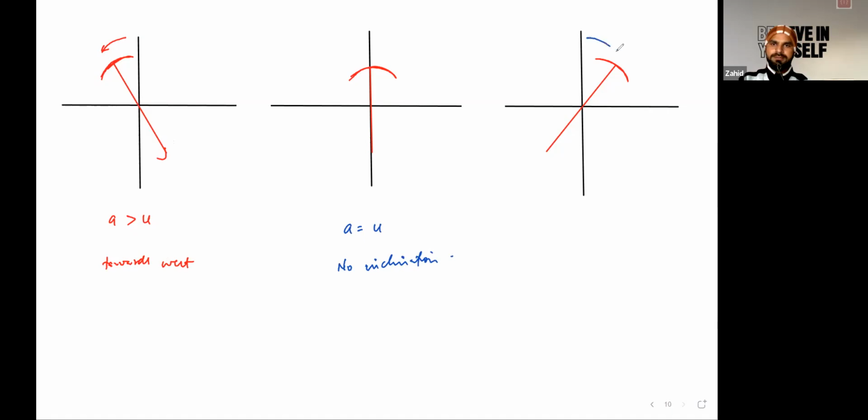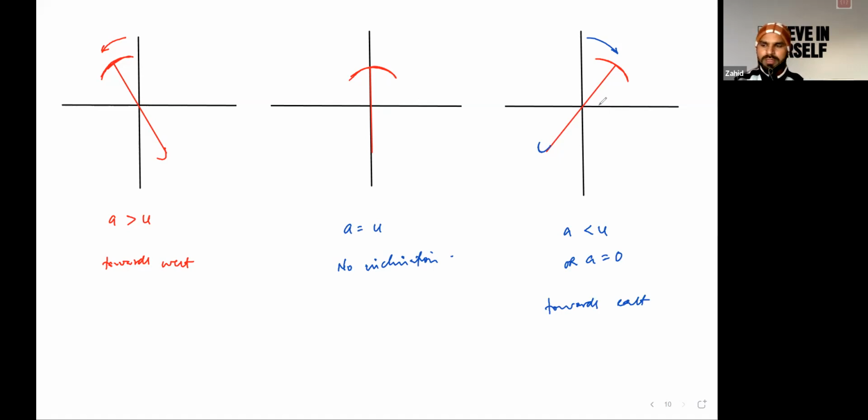In the third part, if a is less than u or a equals 0, in both cases it will move towards west, so the inclination would be towards east. So on the basis of this part, there is a question in CRT.